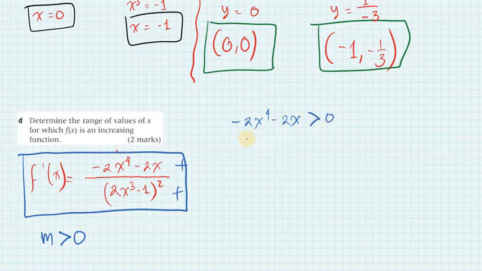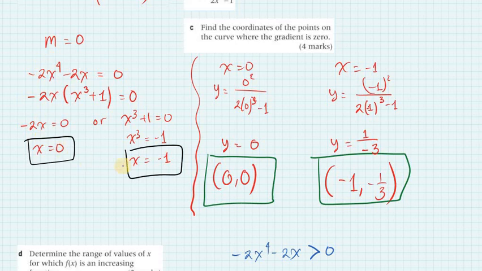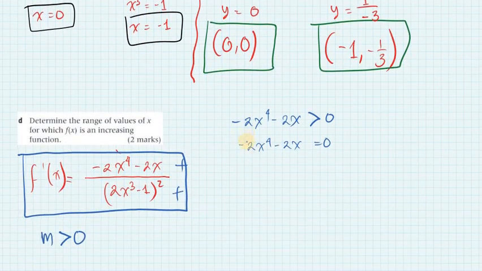We just need to find the factors of negative 2x to the power of 4 minus 2x. Make it equal to 0 first, and factorize it. After we factorize it, we got x equals 0 and x equals negative 1.